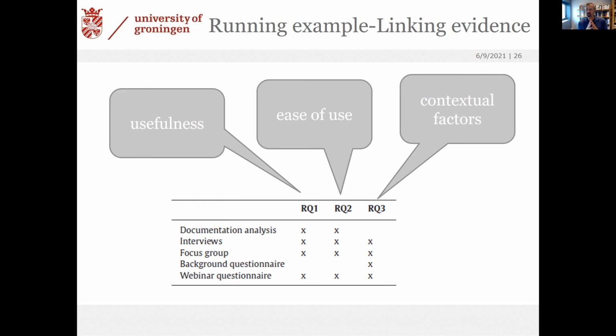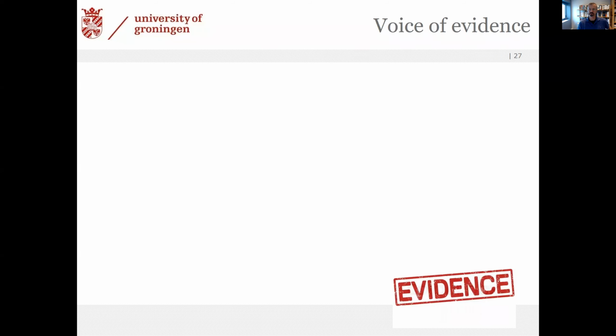So we're able to link evidence from interviews with the documentation analysis, with the focus group, and so on. Again, this allows us to triangulate. This allows us to confirm that the evidence we found through this channel is also confirmed by that channel. And this gives us greater confidence in the validity of our results.